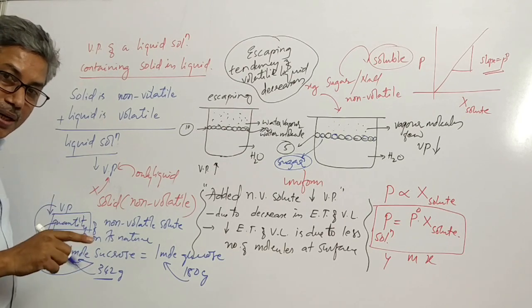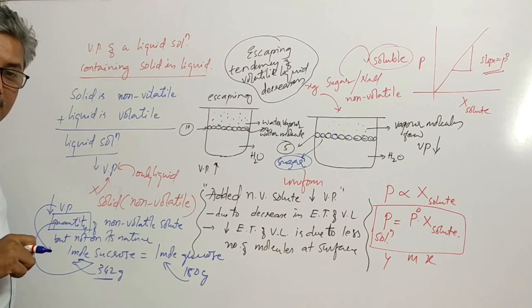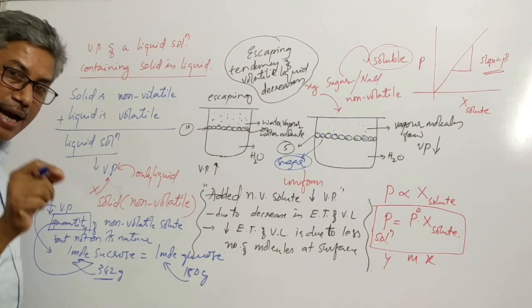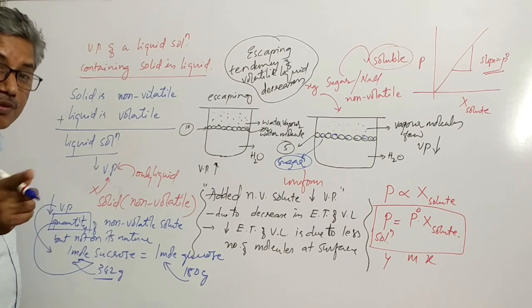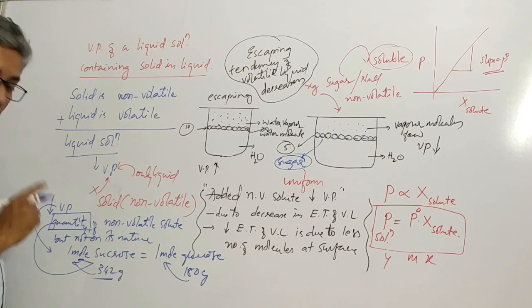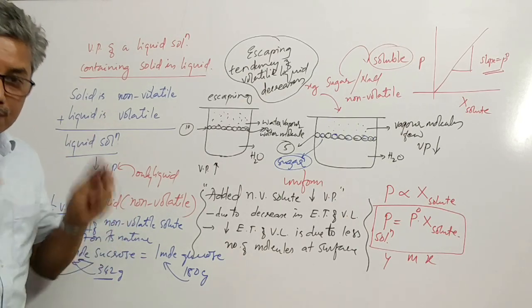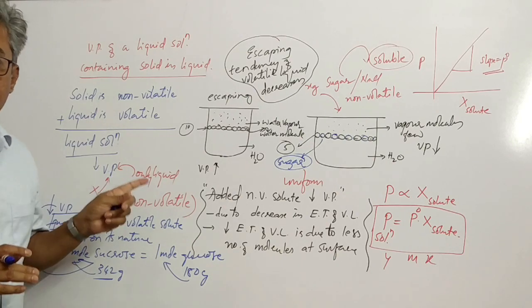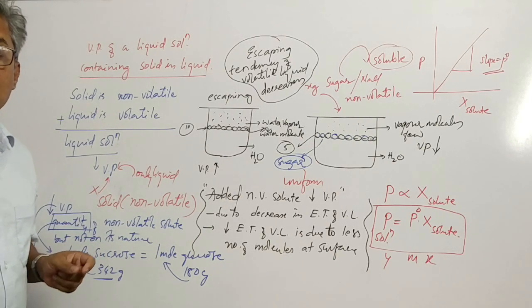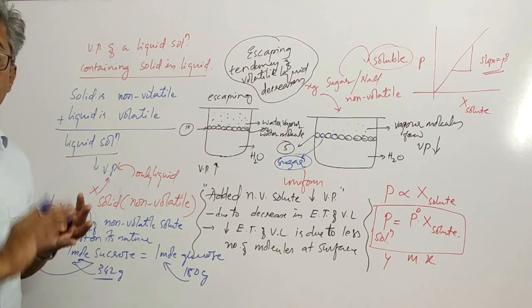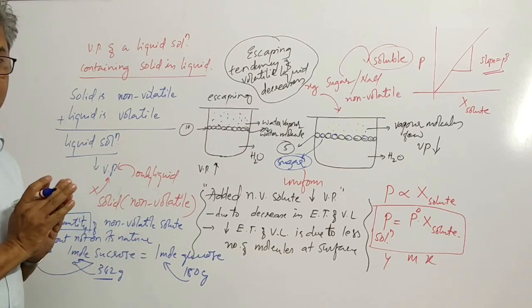The magnitude of the decrease in the vapor pressure depends only on the quantity of the added non-volatile solute, and the quantity of non-volatile solute should be expressed in terms of mole. I repeat, the magnitude of decrease in the vapor pressure of the volatile liquid depends only on the quantity of the non-volatile solute added, but not on the other properties of the solute.